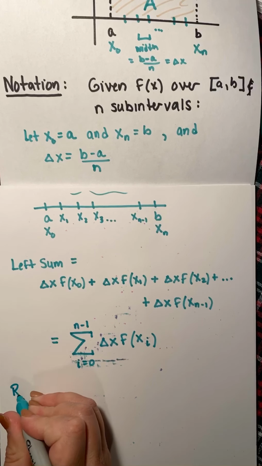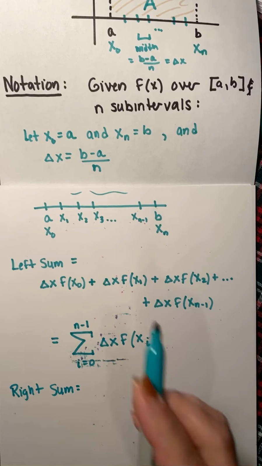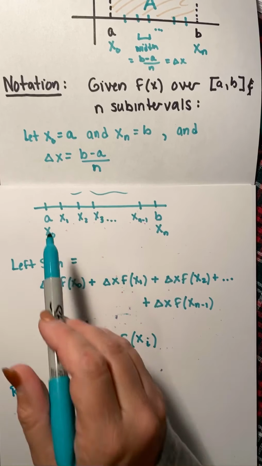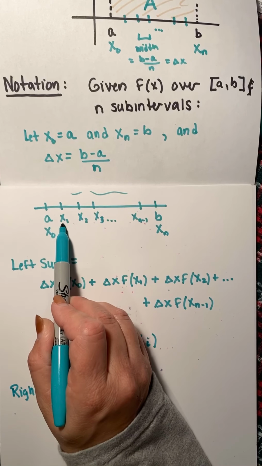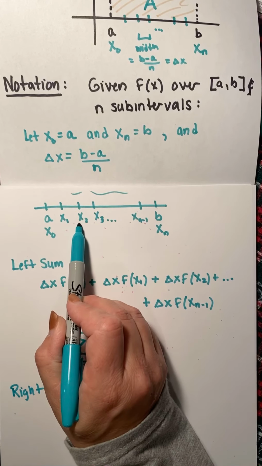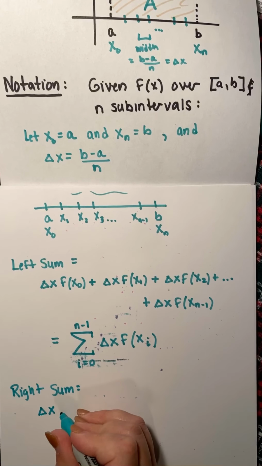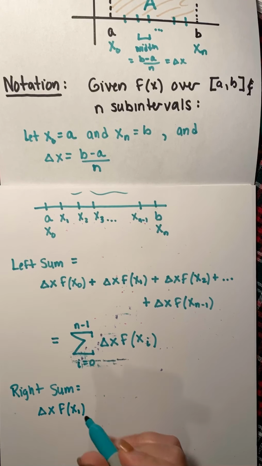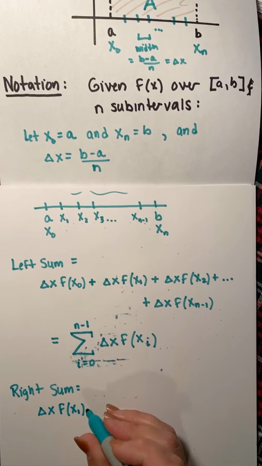How we would express the right sum, well, we're on the same number line, except over the first interval, the height of the first rectangle is determined by the right endpoint. The height of the second interval is determined by the second endpoint. So the first rectangle is delta x, f of x sub 1. So when we're creating a right sum, we don't use a, or the leftmost endpoint.